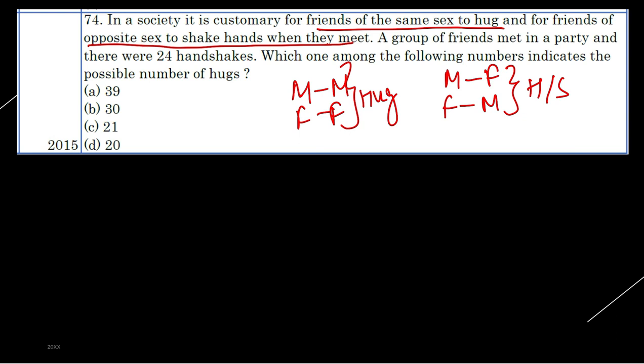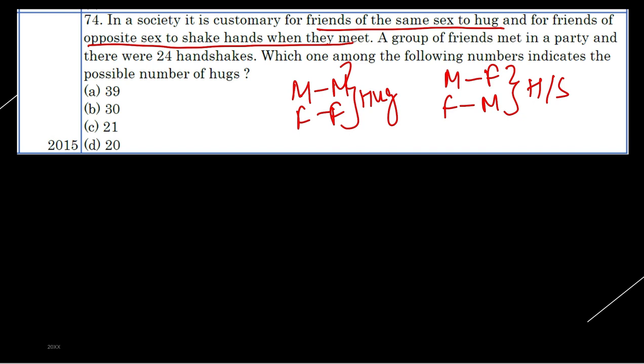Now a group of friends meet at a party and there were 24 handshakes. If there were 24 handshakes, then obviously these handshakes were done by one male and one female, right?